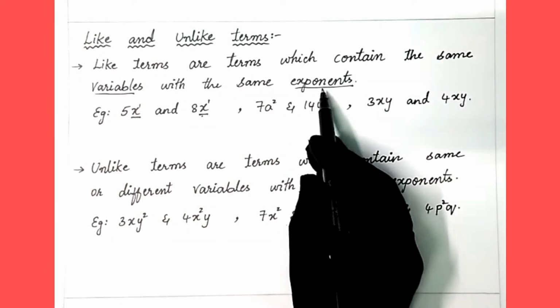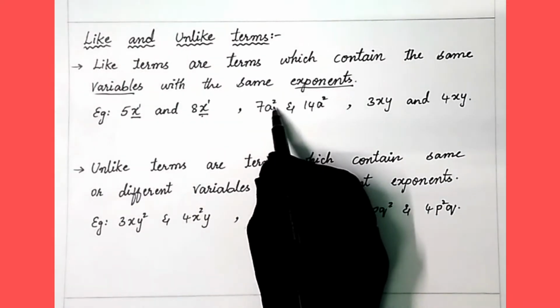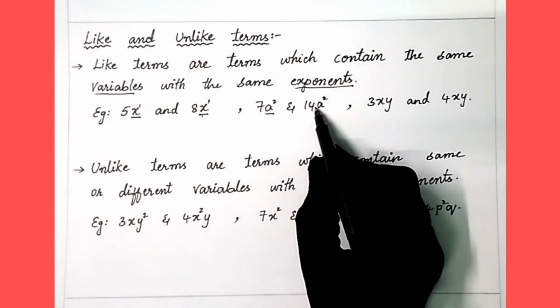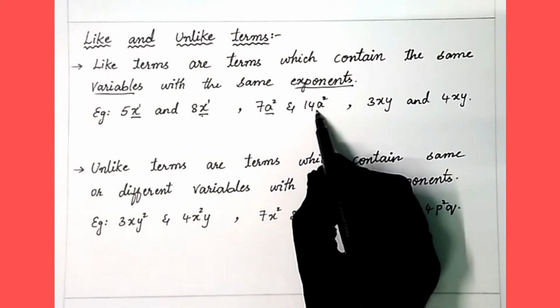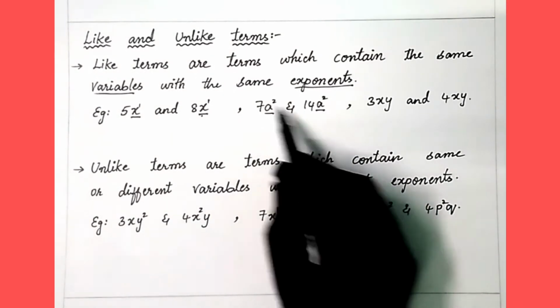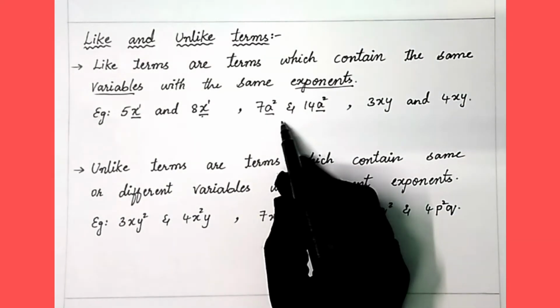Then we call those terms like terms. Next example, 7a square. Here the variable is a, and it is 14a square. Here the variable is a and it has power 2, and here also it has power 2. That means these two terms are like terms.